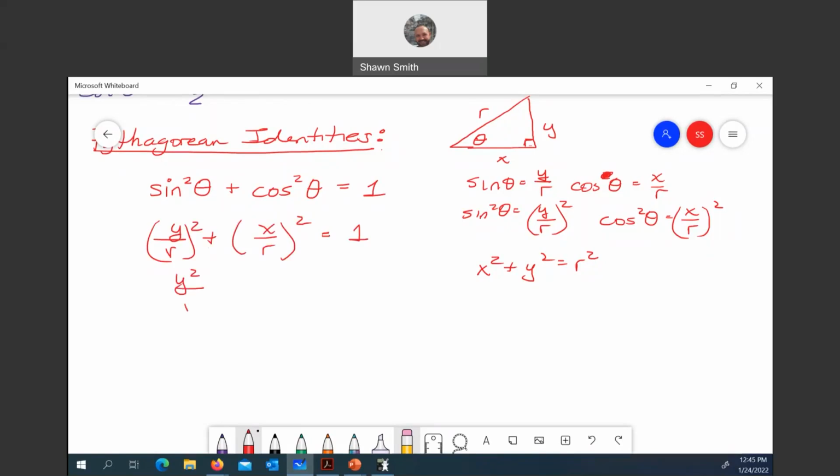This is y squared over r squared plus x squared over r squared equals 1, which is y squared plus x squared all over r squared equals 1. And this holds true. X squared plus y squared, cross multiplying, is r squared. So it just kind of proves that sine squared plus cosine squared of those thetas does equal 1.